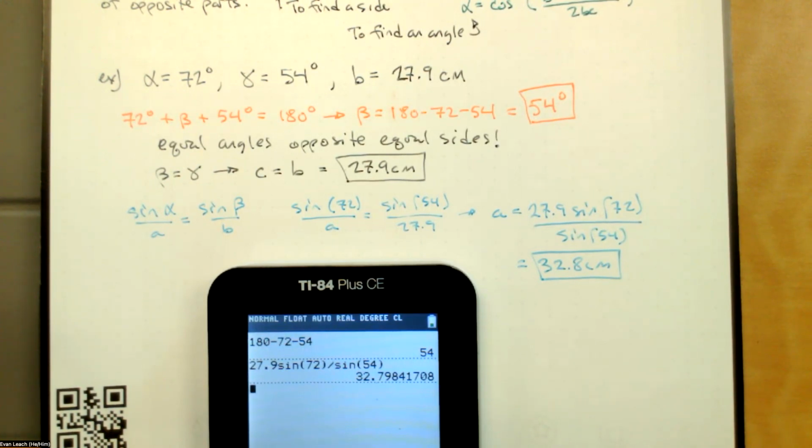So it would still work out if we didn't happen to notice that this was an isosceles triangle. Any questions? Situational awareness is key.